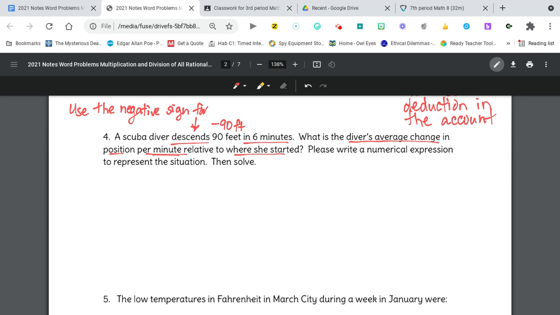So I know I need less. Okay? So the negative 90 is the total descent. I don't need the total descent. I just need the descent in 1 minute.